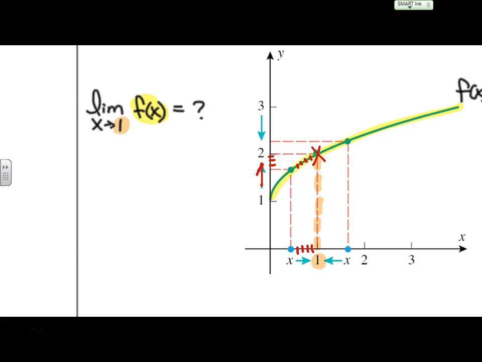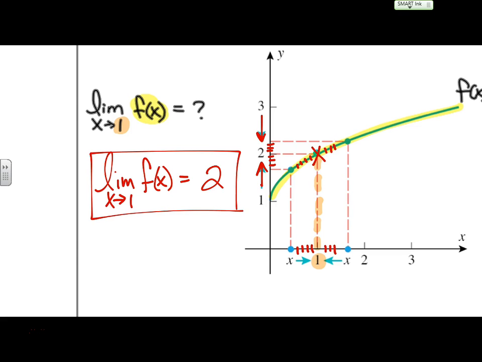Whether you come from below or from above, those points match up to those y values. The approach is 2, so I would answer the limit as x approaches 1 of f of x, looking at its graph, is 2.